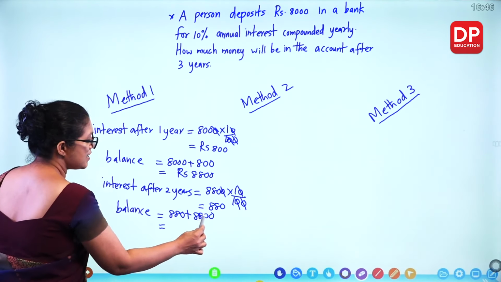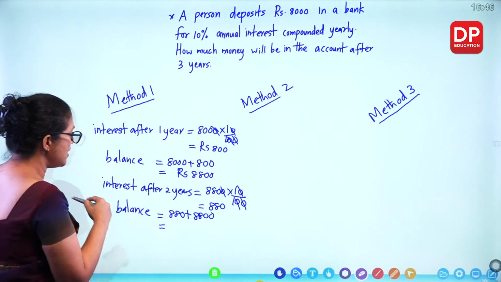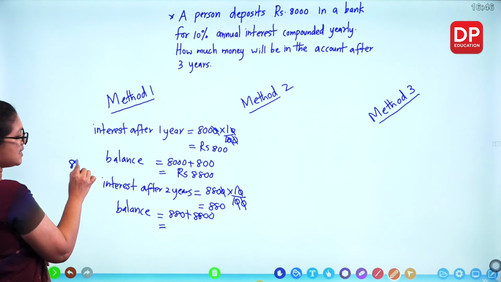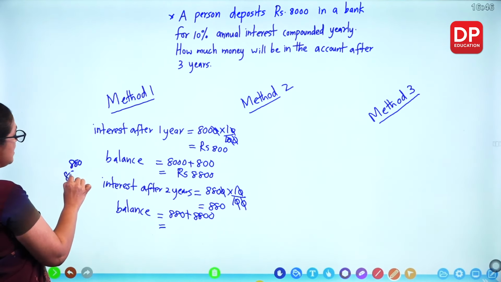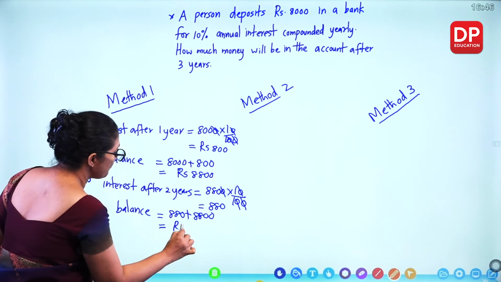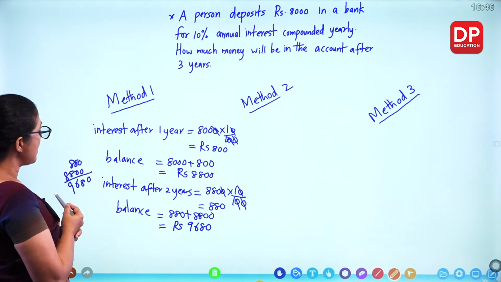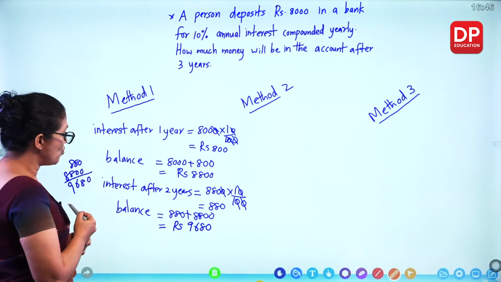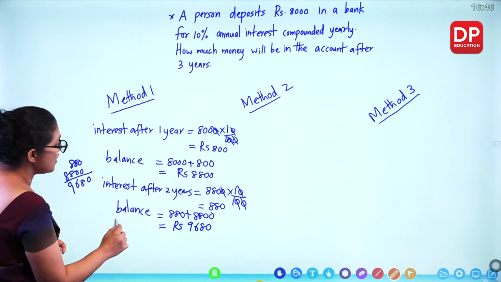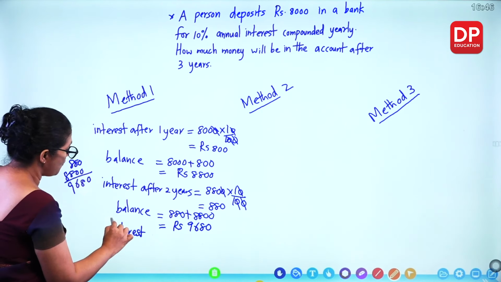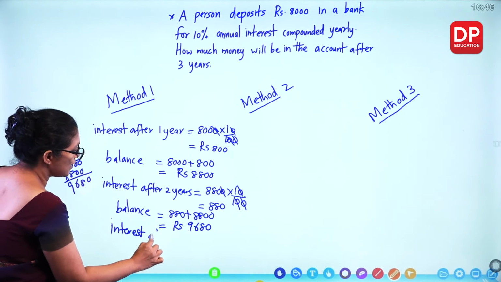So add these two together. 0, 8, 8 plus 8, 16. So 9,680. That's the balance after 2 years. So what's the interest for the third year?